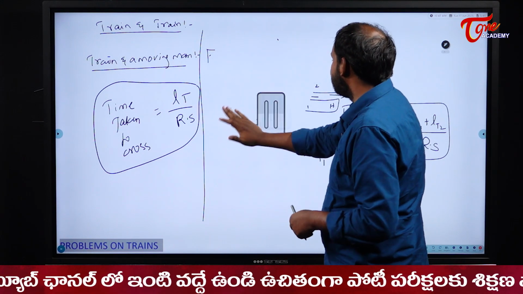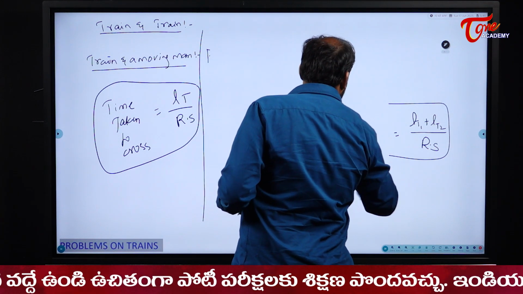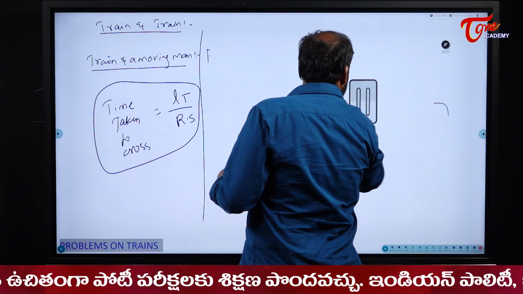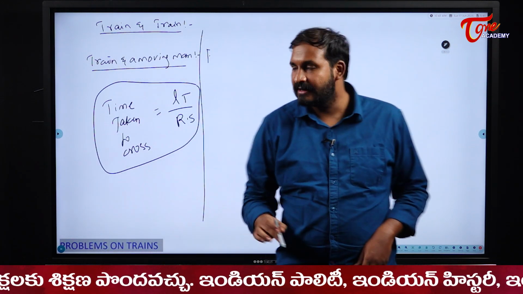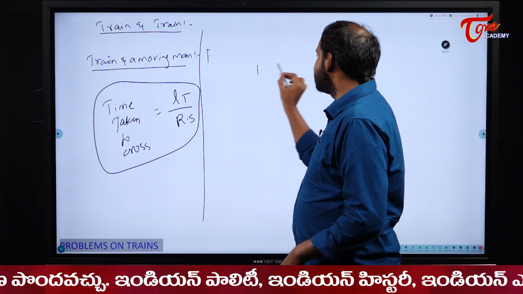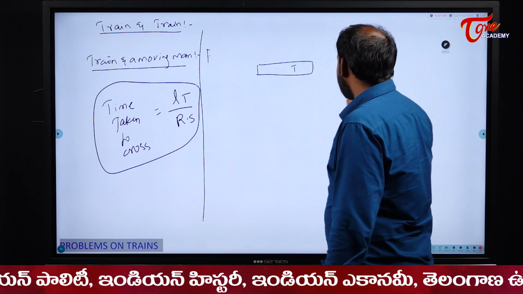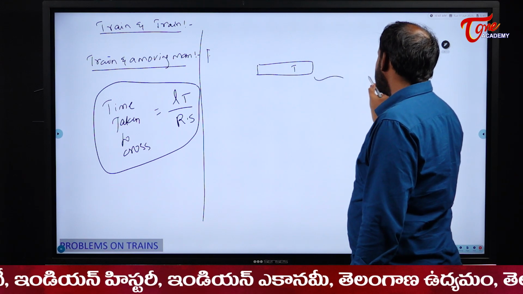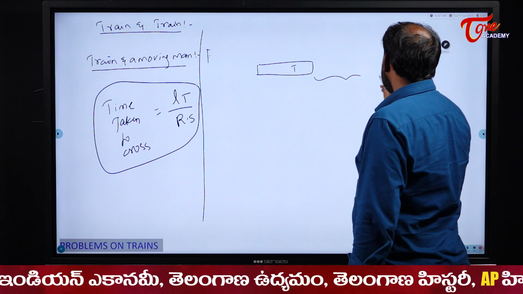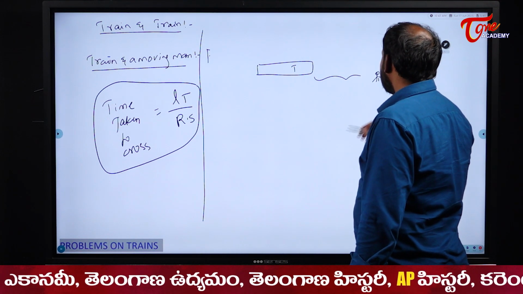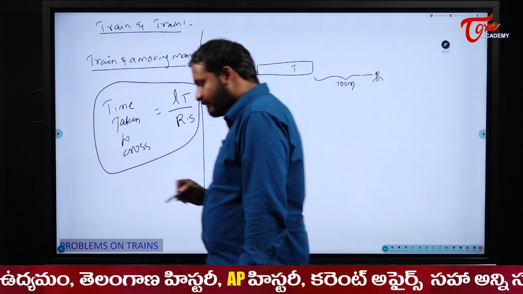For example, till now in all the cases we discussed only the time taken to cross. But in the case of moving man and train, sometimes they will say that this is the train, and the man is coming in the opposite direction, and the distance between the man and the train is some 100 meters.